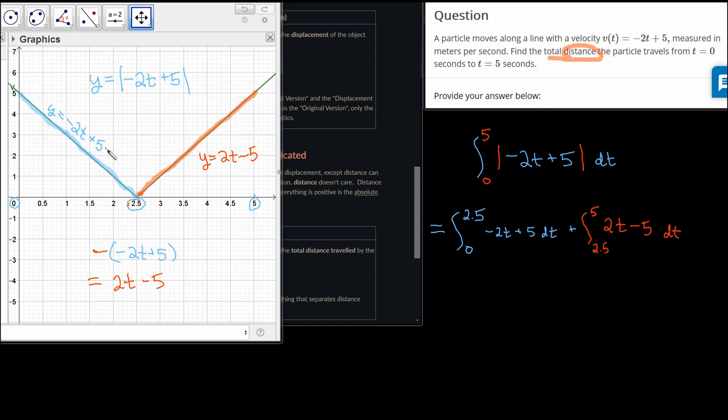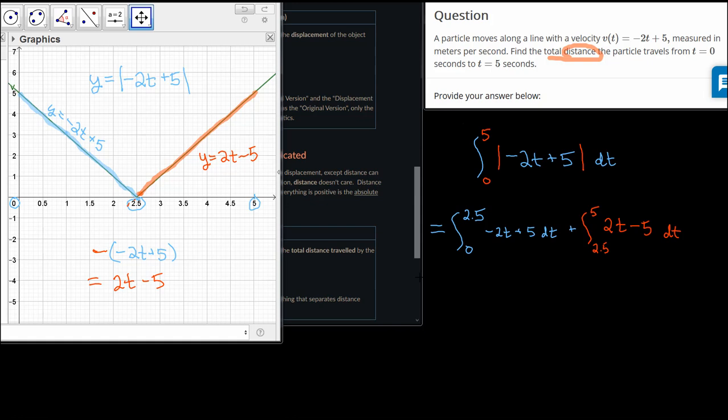But then you have to figure out where the function inside the absolute values is negative, and for that part the absolute value puts a negative sign in front of the function to get the second part. So that's how. Now I have two nice functions that I can find integrals of.